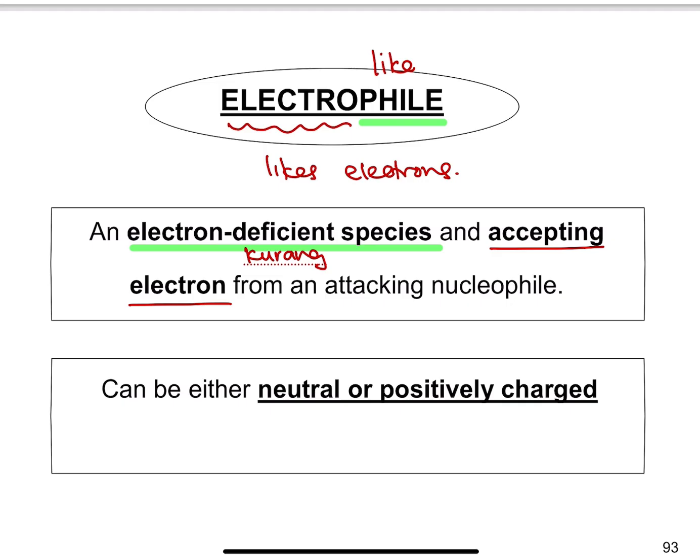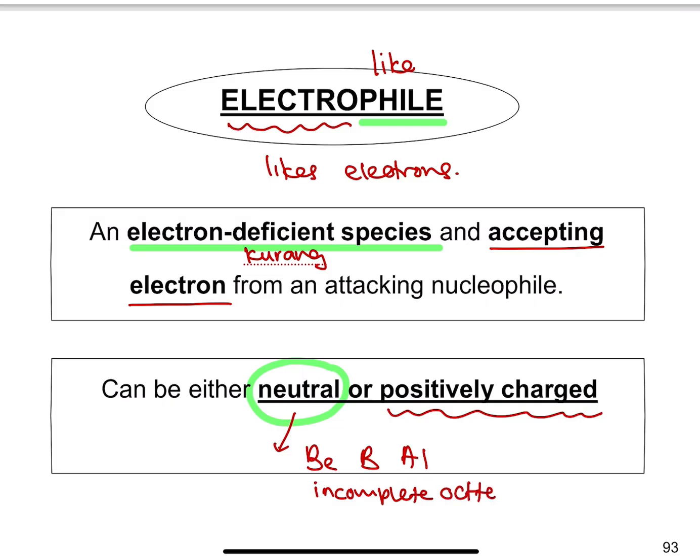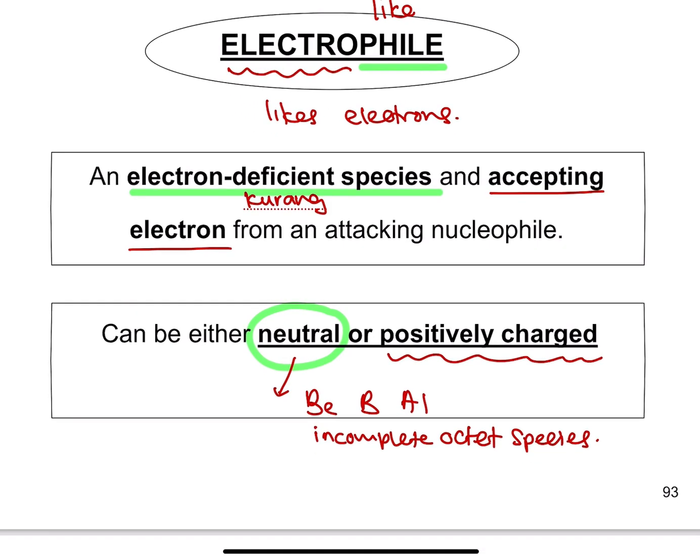So electrophiles here can be neutral or positively charged. Neutral meaning we can remember back our BABAL, which are incomplete octet species because they have space to receive more electrons.